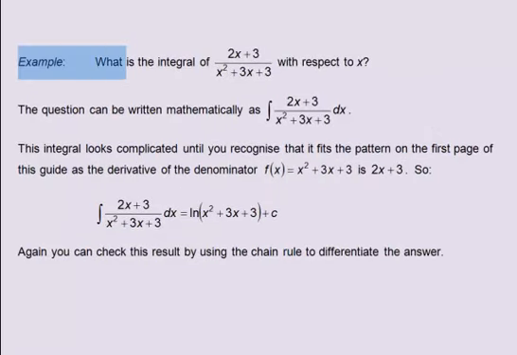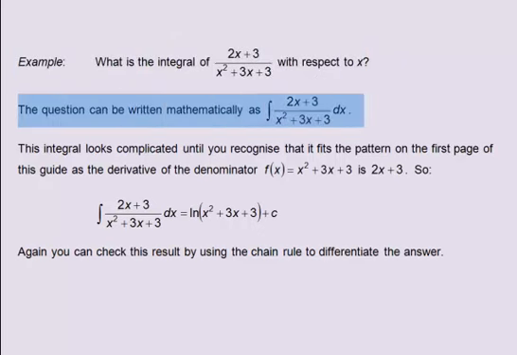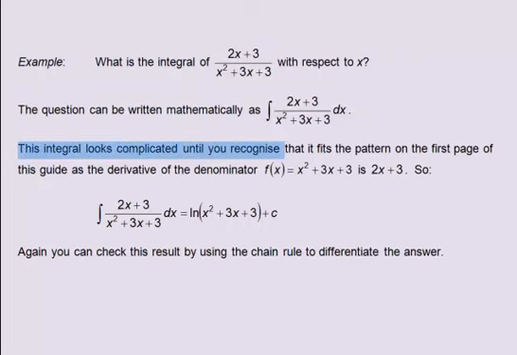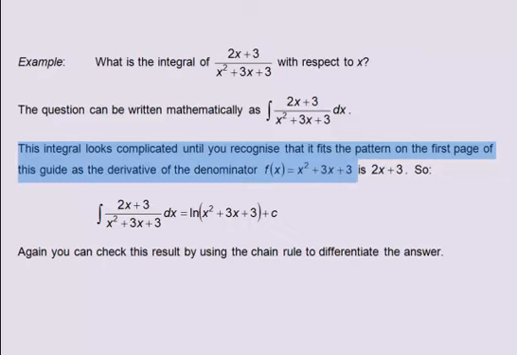Example. What is the integral of 2x plus 3 divided by x squared plus 3x plus 3 with respect to x? The question can be written mathematically as the integral of 2x plus 3 divided by x squared plus 3x plus 3 dx. The integral looks complicated until you recognise that it fits the pattern on the first page of this guide, as the derivative of the denominator, f of x equals x squared plus 3x plus 3, is 2x plus 3.